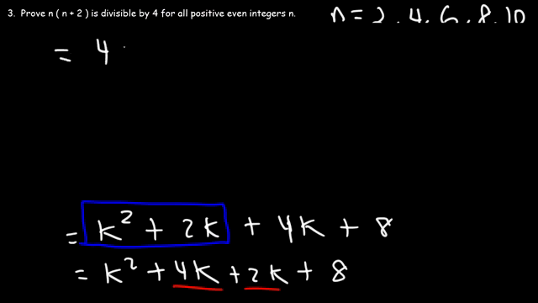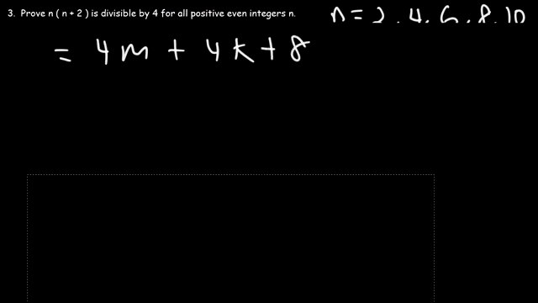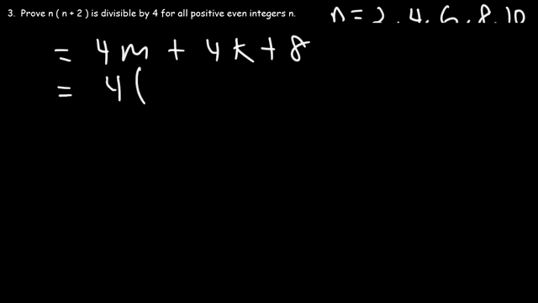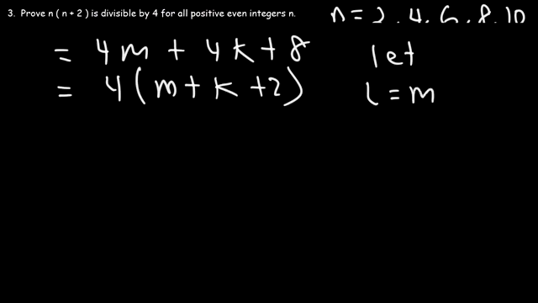So we now have 4m plus 4k plus 8. So now we can take out 4. And so we'll be left with m plus k plus 2. And at this point, we're going to let L equal m plus k plus 2.